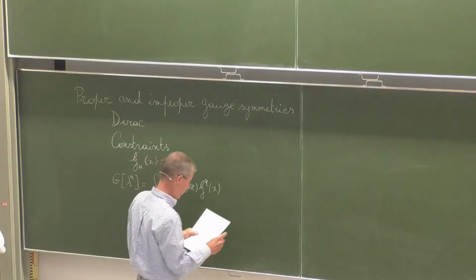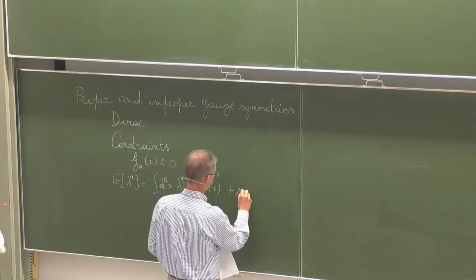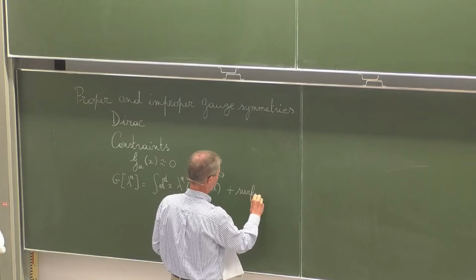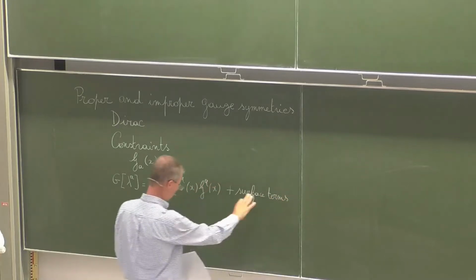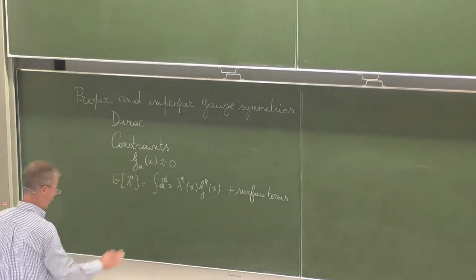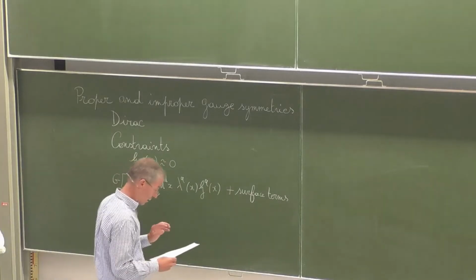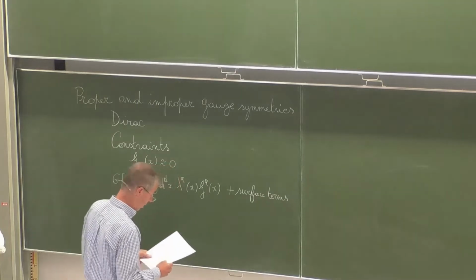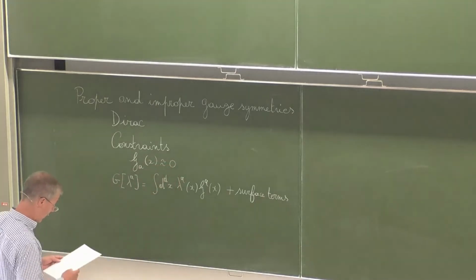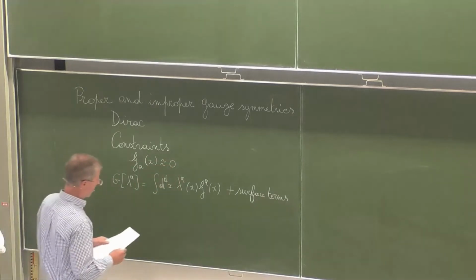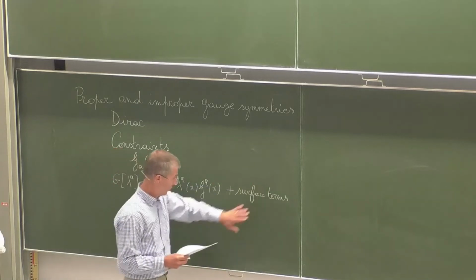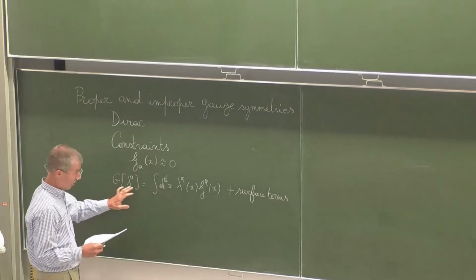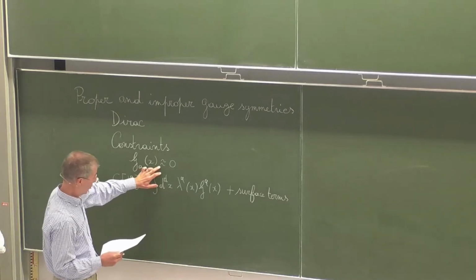But you might have surface terms. And I will spend a lot of time analyzing surface terms in the case of electromagnetism, so you will have a more concrete realization of that. But you see that if lambda^A goes to 0 at infinity so that you have no surface terms, the corresponding generator is equal to 0 when the constraints hold.